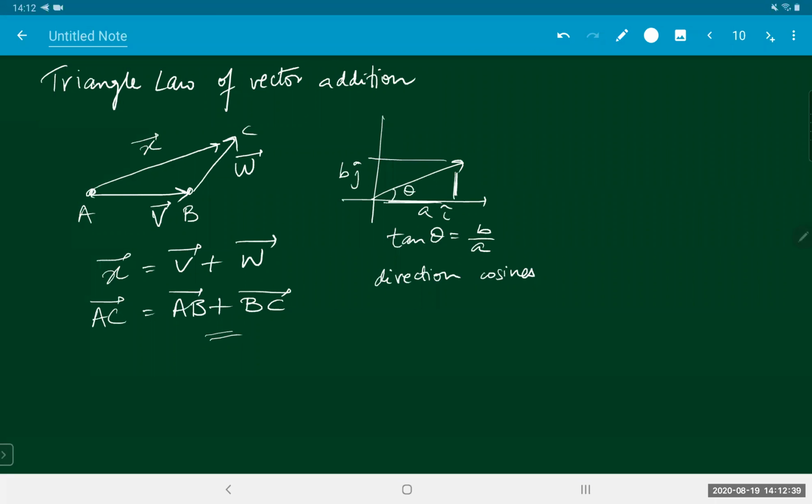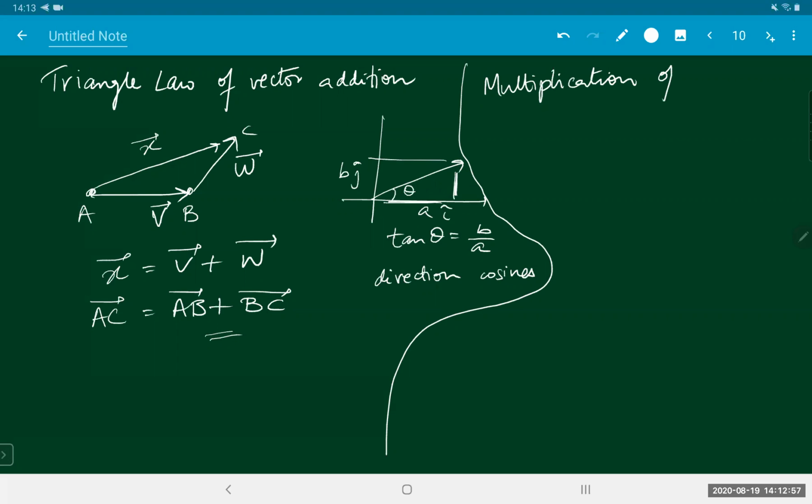Let's now talk about multiplication. This is interesting. There are 2 ways of multiplying vectors.